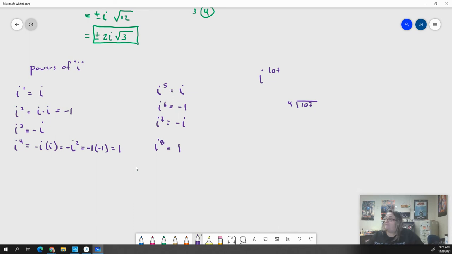If I divide 8 by 4, right? Here we have i to the 8th power. We already know what i to the 8th power equals, right? 8 divided by 4, I just get 2. No remainder, right? It's an even 2. We have a 0 remainder, right?